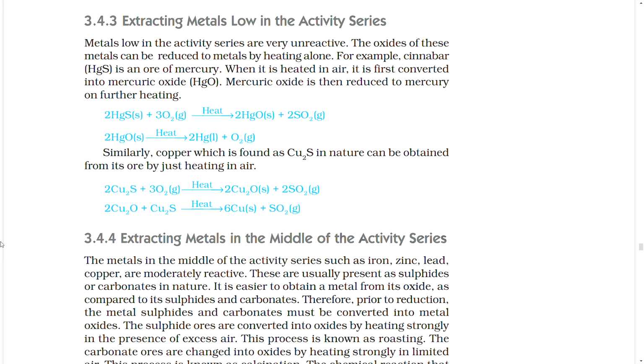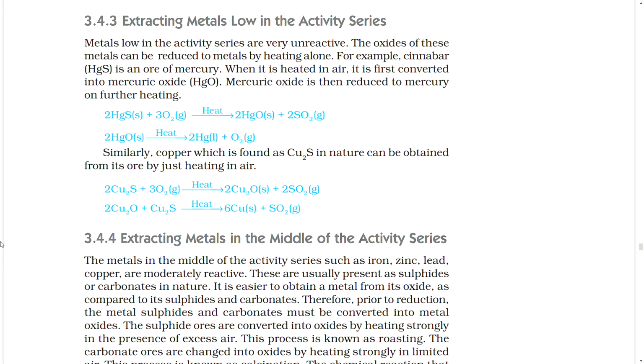2HgS(s) + 3O2(g) → (heat) 2HgO(s) + 2SO2(g). 2HgO(s) → (heat) 2Hg(l) + O2(g).